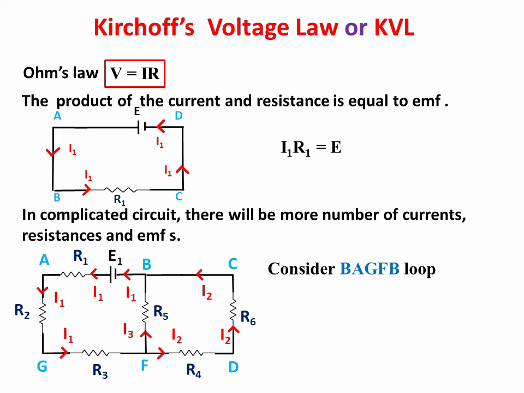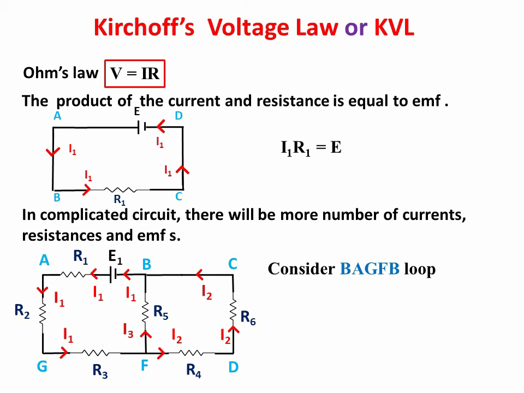It is called a loop. We have to choose this kind of loop. One more loop is B, C, D, F, or F, B, C, D, whichever you choose. So, first consider the B, A, G, F, B loop.